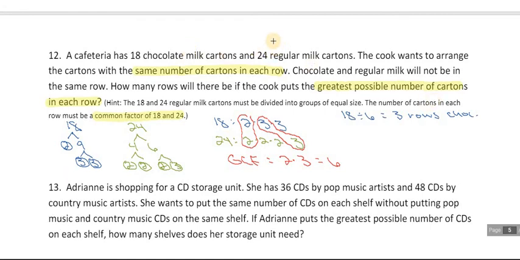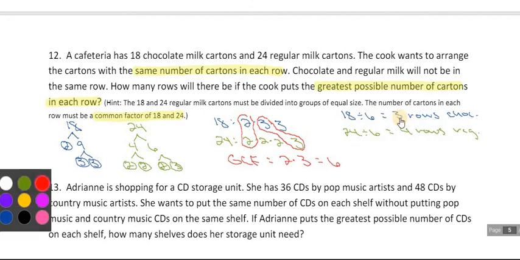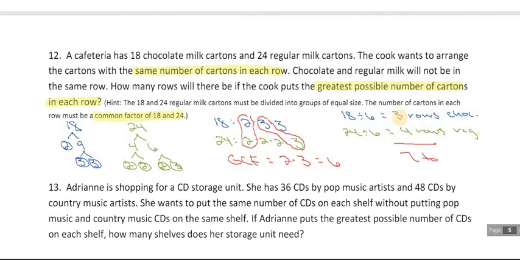In terms of the regular milk, there's 24 cartons of that, and if we divide it by 6 for our GCF, 6 in each row, that means there's going to be 4 rows of regular. Therefore, adding the 2 totals together of 3 rows and 4 rows, that's going to give us 7 total rows.